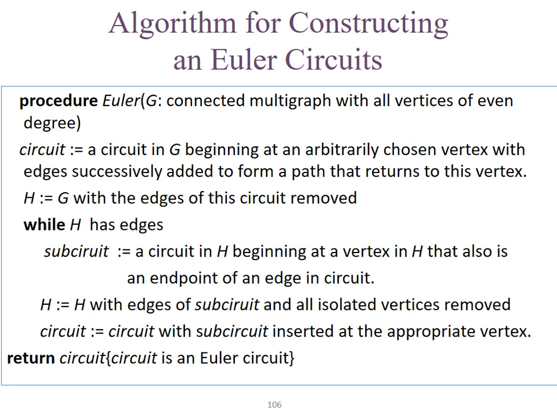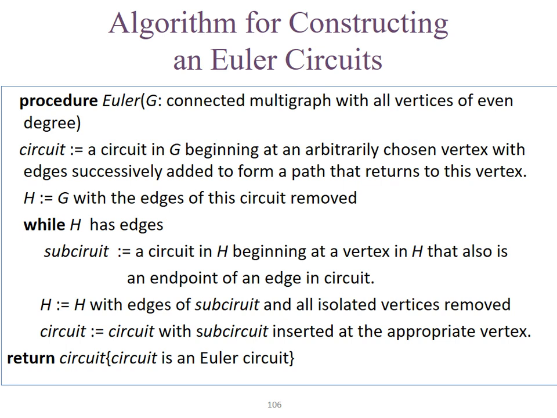In this algorithm, Euler, the input is a given graph G, which is a connected multigraph with all vertices of even degrees. By the theorem, we can discover the Euler circuit in this graph G. Then we have the circuit: a circuit in G beginning and ending at a vertex, with edges we add to form a path and return to its starting vertex.